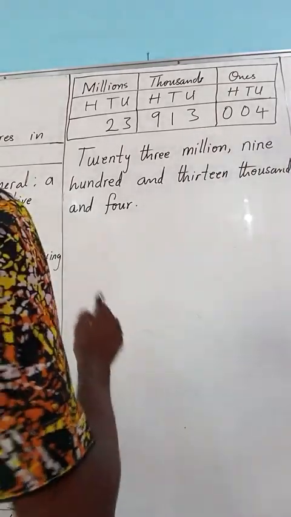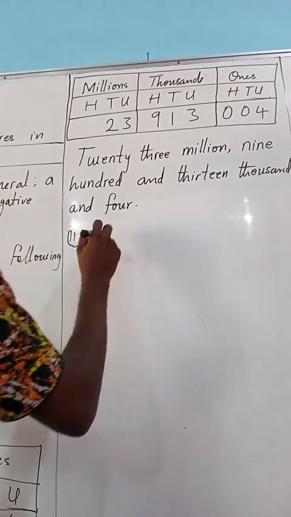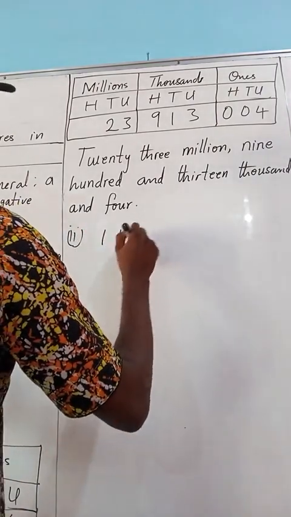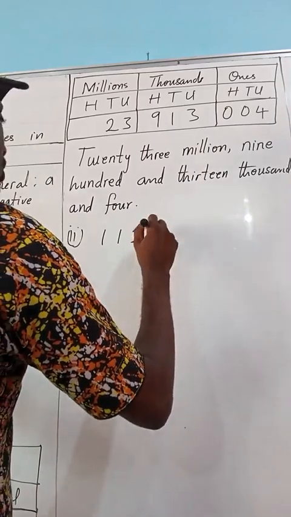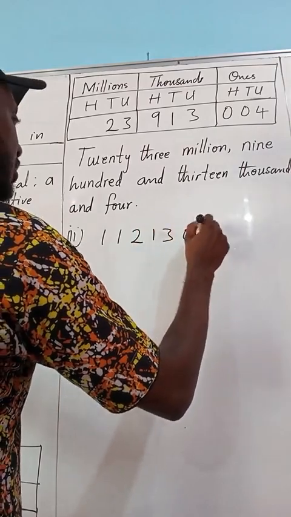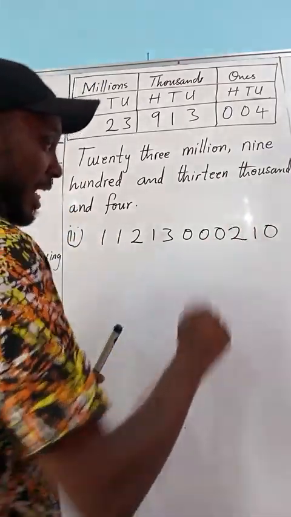Second one, we have number 2. We have 11,130,002,10. Sorry, 11,13,000 and 210. Now let's start from the back.